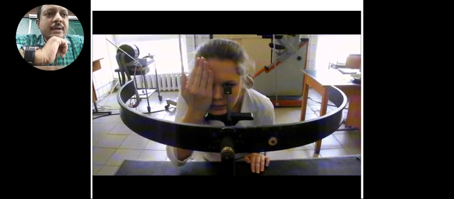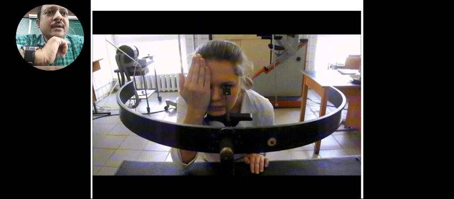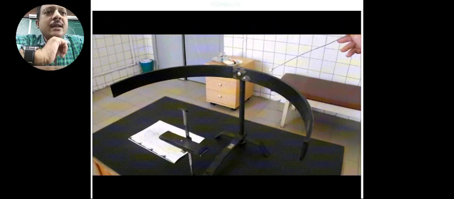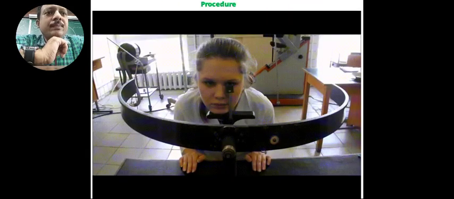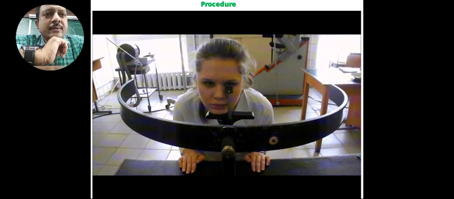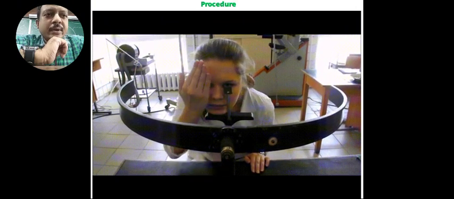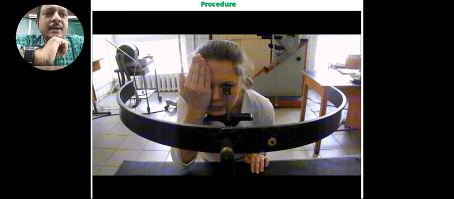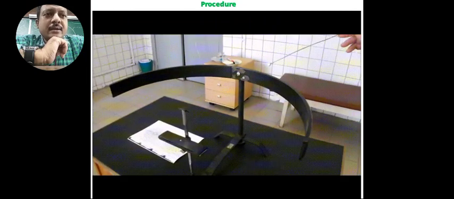The concavity of the metallic arc should face towards the subject, and the eye should be at the level of the central fixation point, which is done by a leveling screw. And the subject should close the other eye.